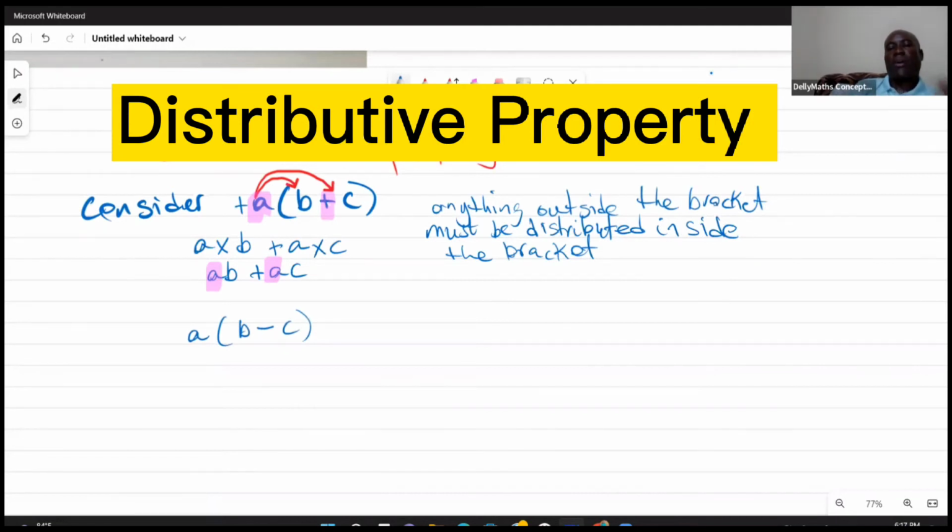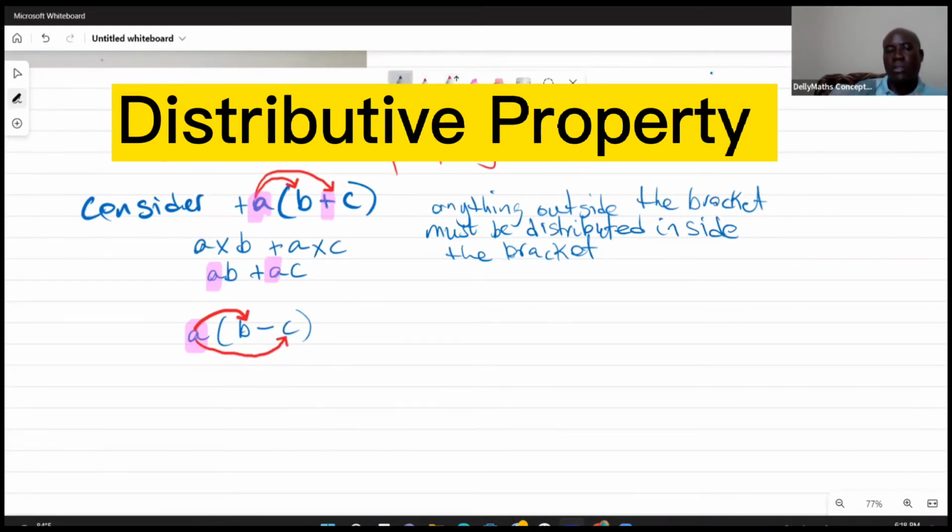Same thing. I also want you to observe that there is nothing between this element and the bracket. There's nothing. It's like they're exactly immediately beside each other. There's no mathematical operation between them, which means that you can distribute or you have to distribute. I'm using an arrow system to point to whatever I want to explain.